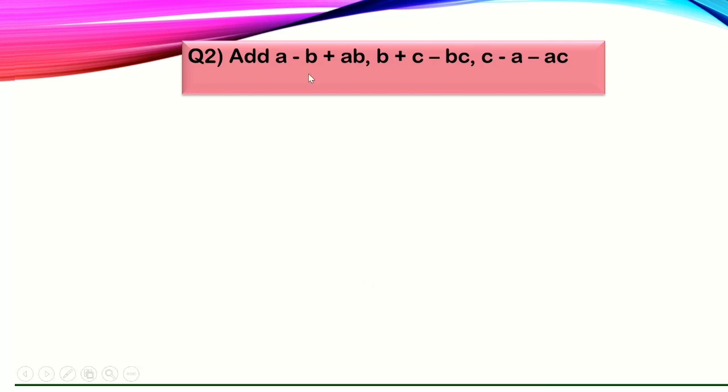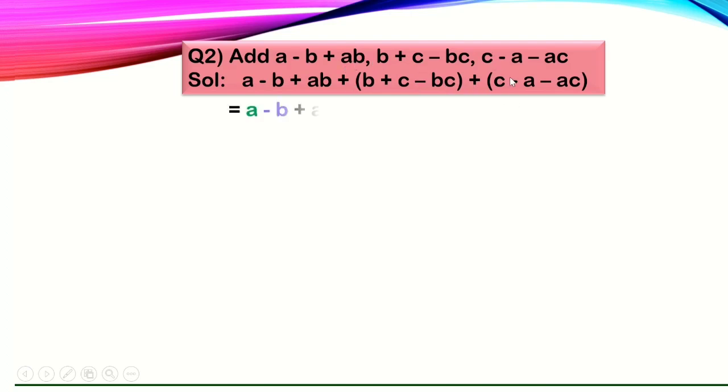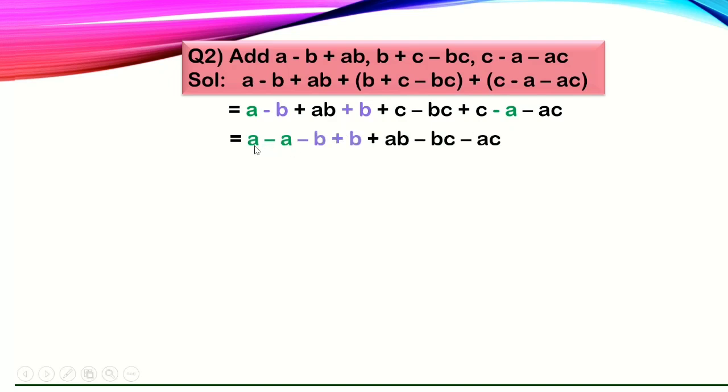Now here we have three expressions, we need to add them. So I have done it in the horizontal way only. First we will just put the plus sign in between the expressions, and then we can collect the like terms. I have shown the like terms with the same color. Then I am solving them.